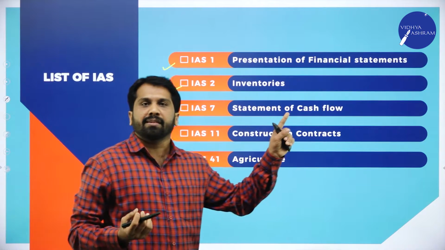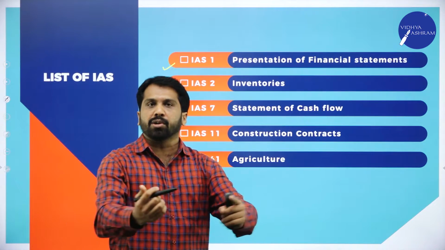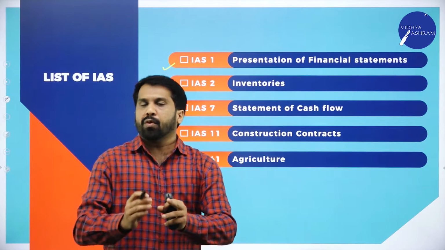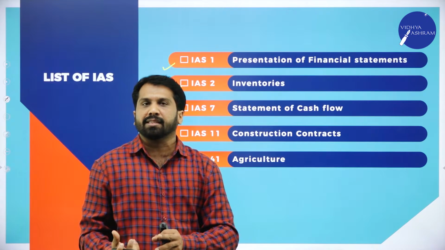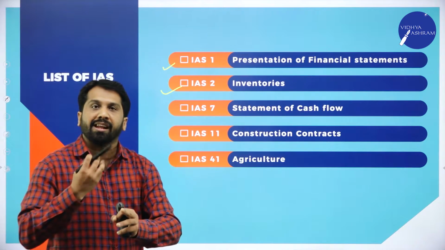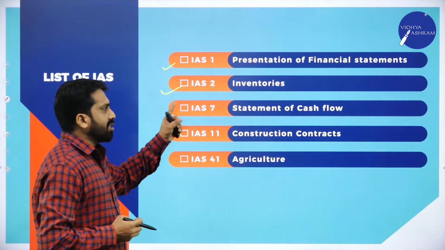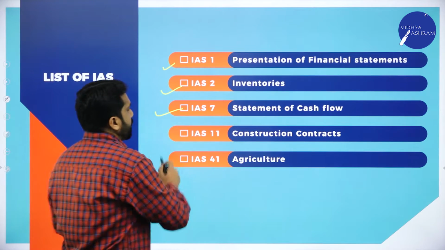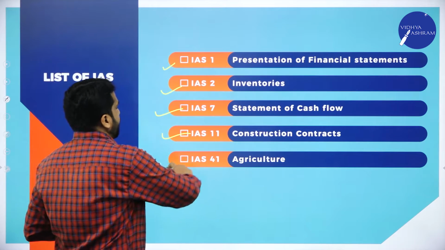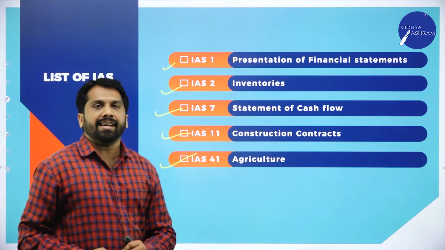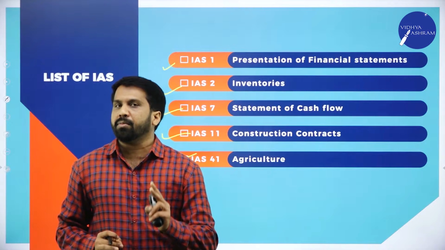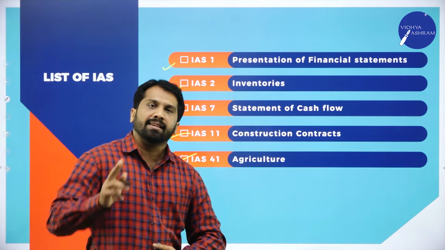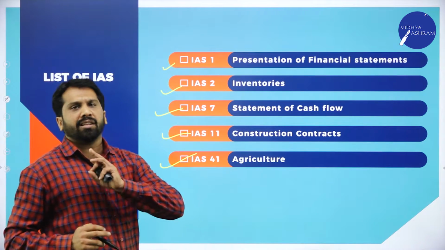Inventory means stock: in your godown or your factory, whatever unsold goods are there, the goods which are ready to sell, are called stock. Then statement of cash flow, construction contract and agriculture. Again, how many Indian accounting standards do you have to remember? Yes, only 2. Which are those 2?